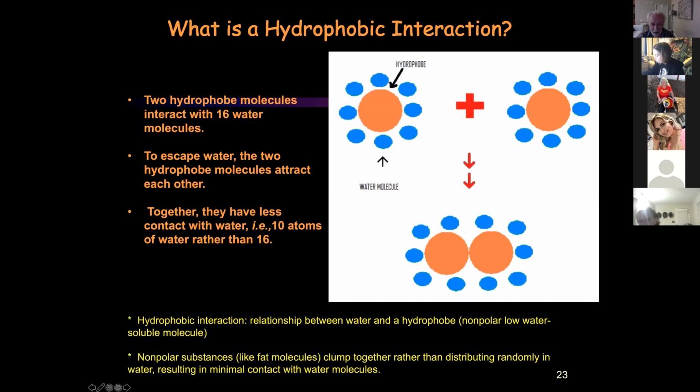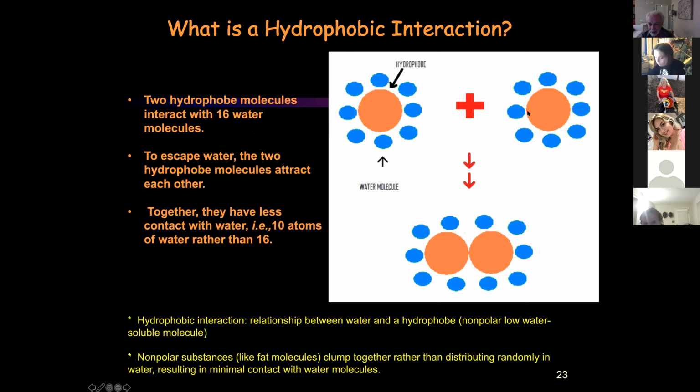So water molecules and hydrophobic molecules, like a methyl group, don't interact. They don't like each other. And so if a hydrophobic, called a hydrophobe, is in water, it will be surrounded by water molecules. In this case, 8 water molecules.